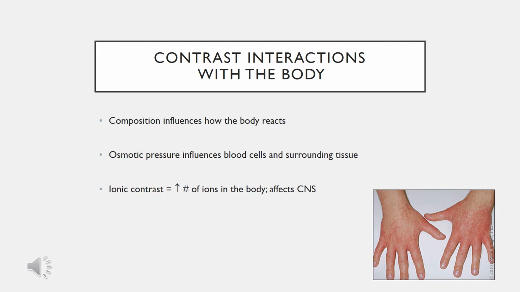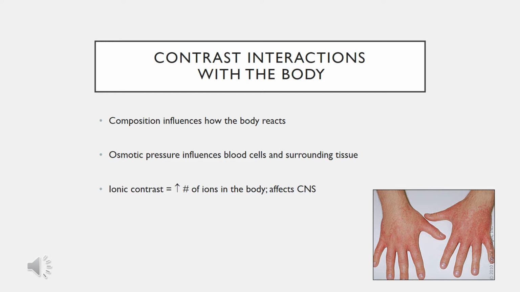So again, remember we have our ionic contrast. When it's introduced into the body, it's going to separate into our charged ions. Well, now that we have these additional charged ions, it kind of messes with our central nervous system. And just depending on the body, that depends on if your central nervous system is going to react.